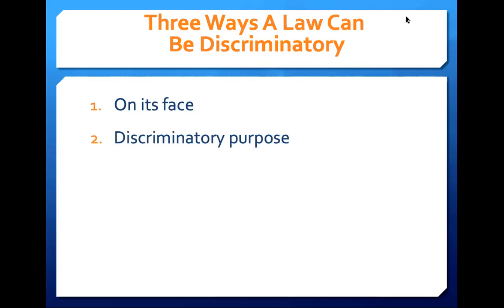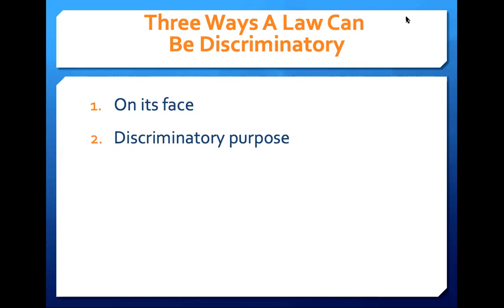A law can also be discriminatory because it is determined that it had a discriminatory purpose. Even if on the face of the law it seems to treat in-staters and out-of-staters the same, if the court concludes that the purpose behind the law was to give some kind of advantage to in-staters or to somehow burden out-of-staters, then it will be found to be a discriminatory law.